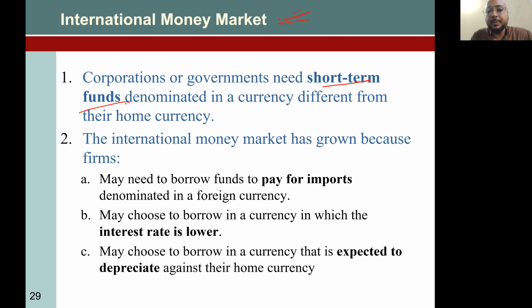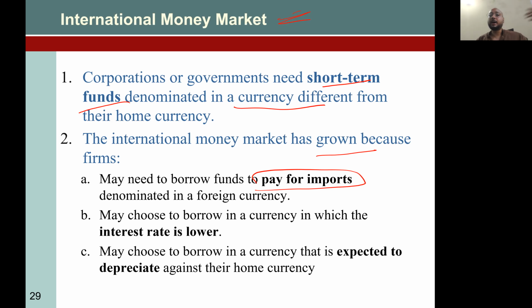So corporations and governments need short-term funds denominated in currency which is different from their home currency. The international money market has grown because many firms may need to borrow funds to pay for imports. Short-term means less than 1 year.